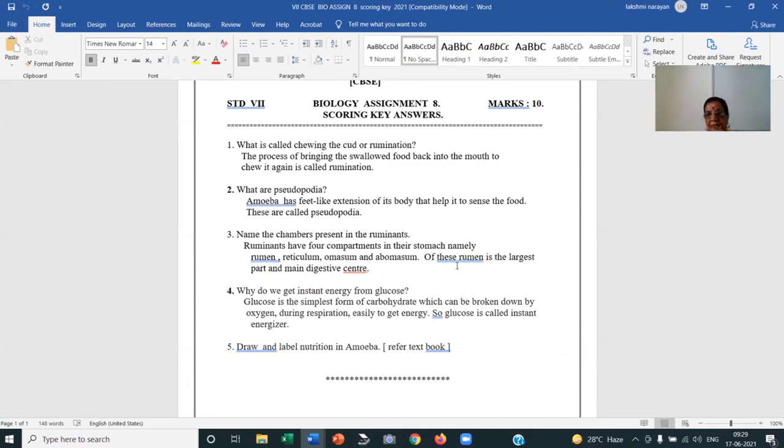So go through this, and in that the ruminant animals are important, and practice the diagram. In the same way, the liver and pancreas diagram is a simple diagram. And the human digestive system that I have drawn on the whiteboard, you need to practice, because the diagrams are in videos number 5, 6, and 7. So practice a little and you can do it.